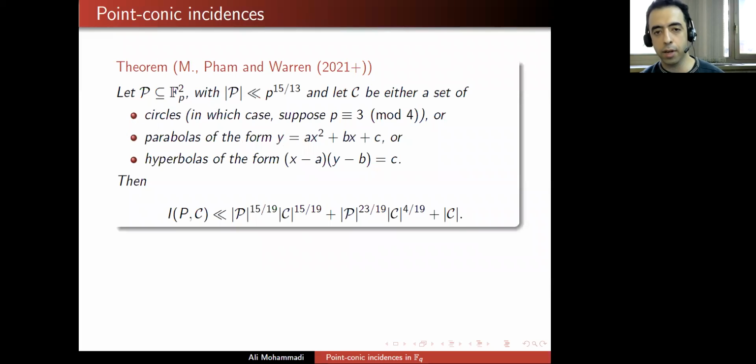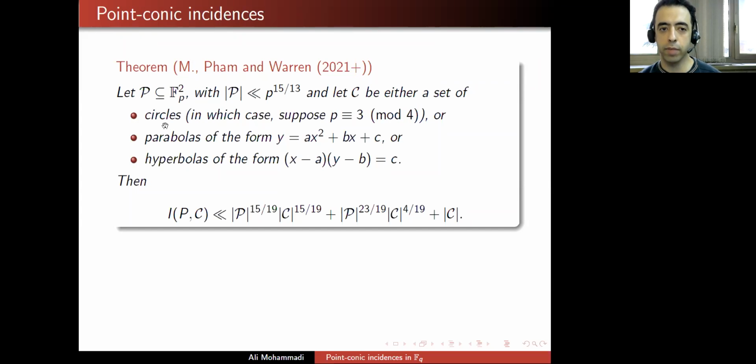But if your curves are a bit simpler, like circles or parabolas or some of the hyperbolas, you can do better. These are three parameter curves, but yeah, we can do a fair bit better. And the technique is a little bit different.